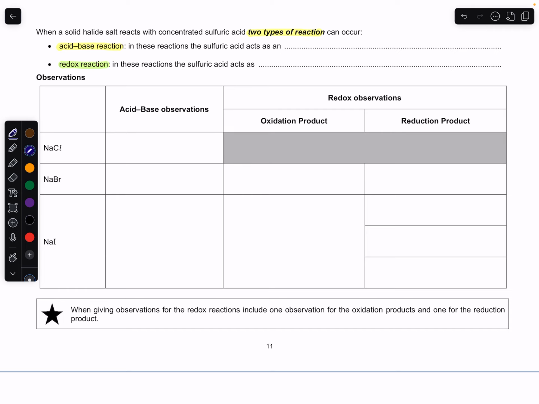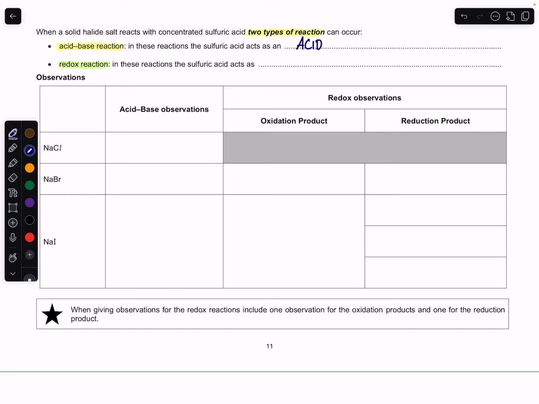Now, if we get an acid-base reaction, we can tell because the sulfuric acid won't have been reduced, so there won't have been any change in oxidation state of the sulfur. And in that type of reaction, the role of the sulfuric acid is as an acid.